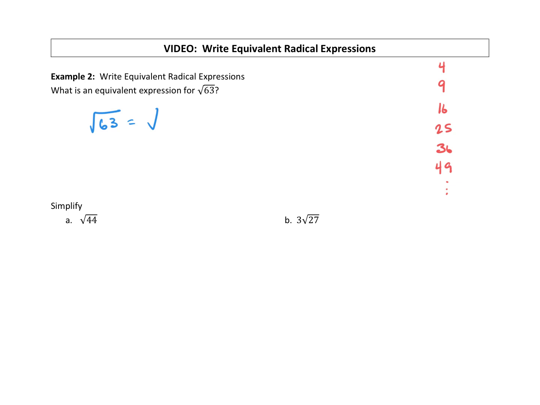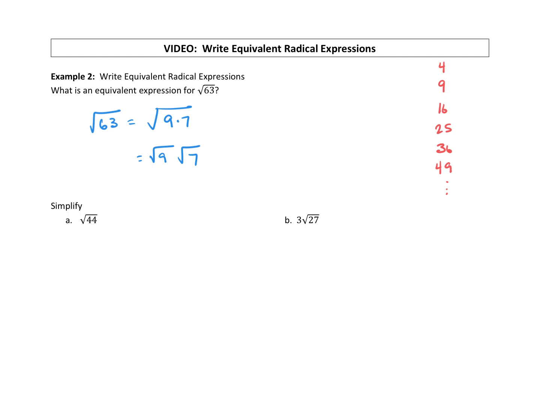It is, 7 times. So square root of 63 is equivalent to the square root of 9 times 7, which we know using that property, we can break apart like that. Now, I am very intentional in the way that I write this, and I want you guys to do the same thing.